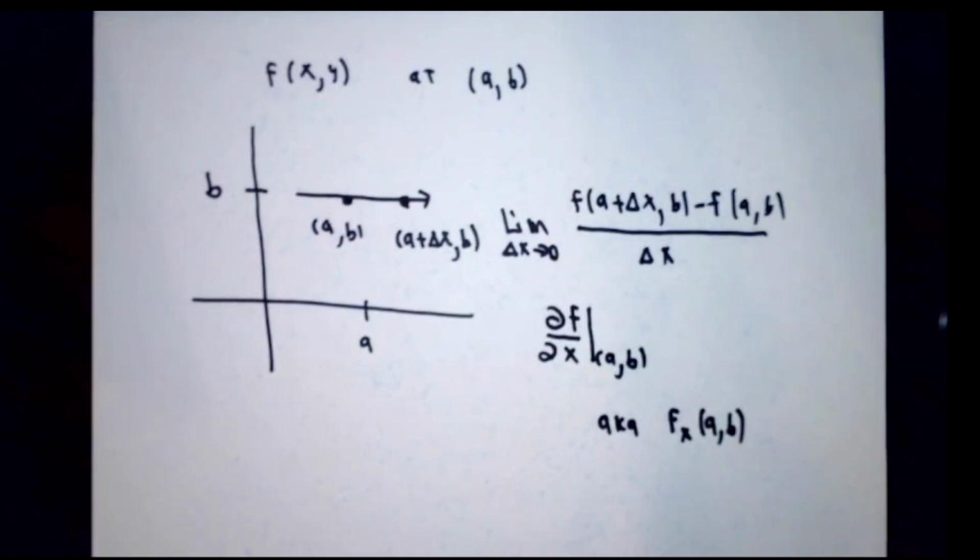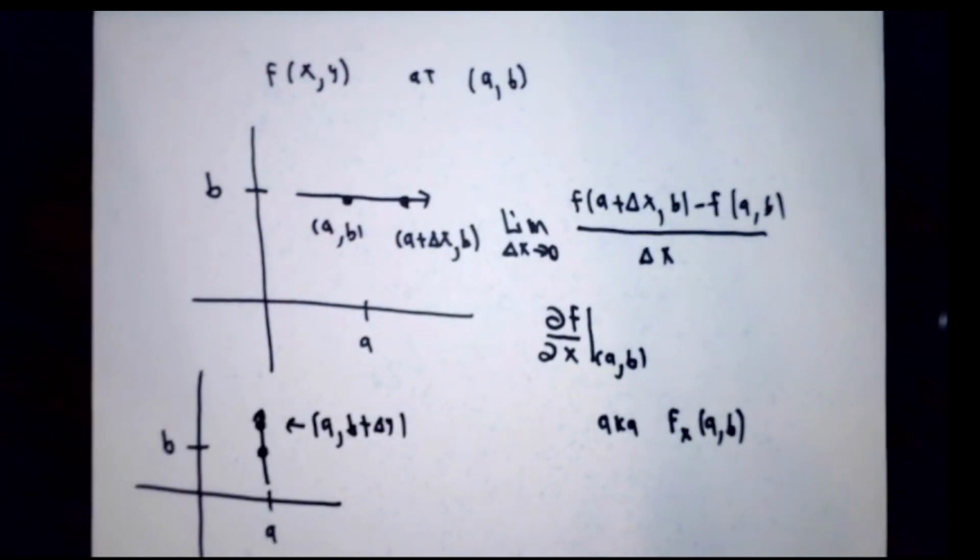Just as in Calculus 1, there are a number of alternative notations. People often write the function with the variable that we are differentiating with respect to, and then the point at which we are evaluating such a thing.